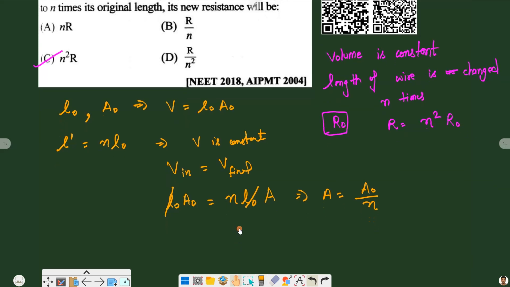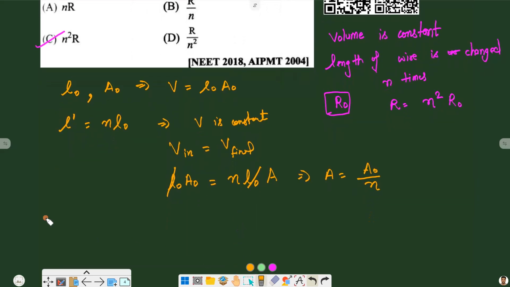Now we can find the value of resistance. Suppose old resistance is R node and it should be equal to rho times L node by A node. New resistance is R, so it will be rho into new length by new area. New length is n times L node and new area is A node by n.